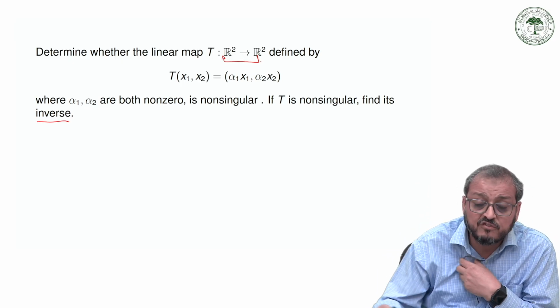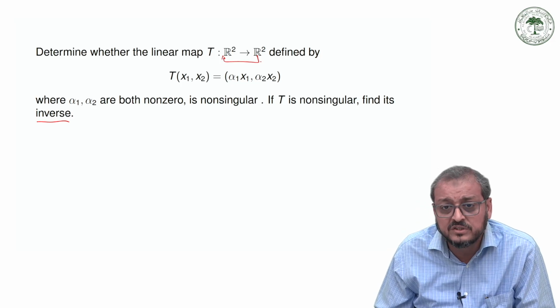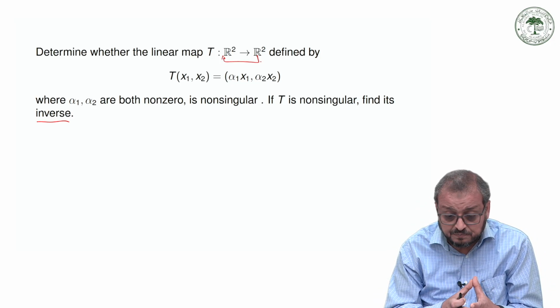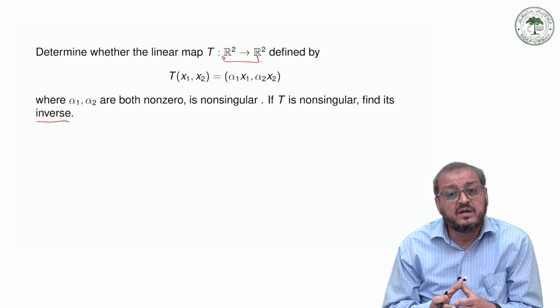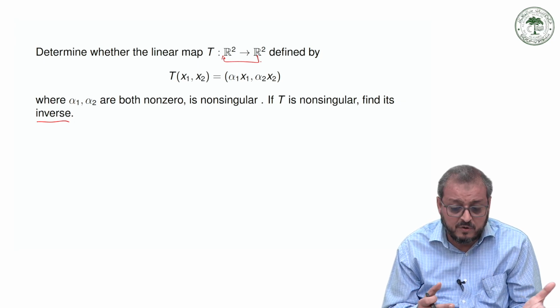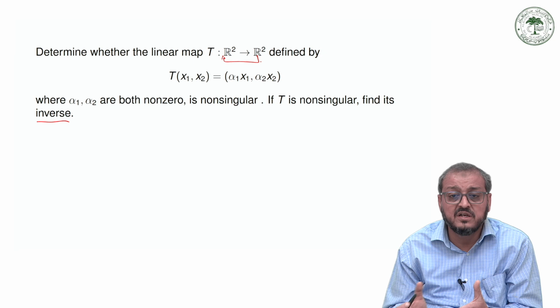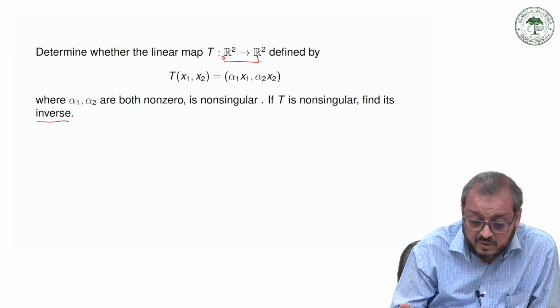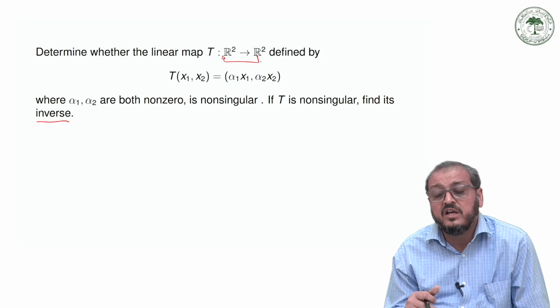Because the dimensions of both the vector spaces are the same, it is enough to show that T is 1-1, since non-singular means 1-1 and onto. By the dimension argument, T is then also onto. If it is non-singular, then we have to find the inverse also.